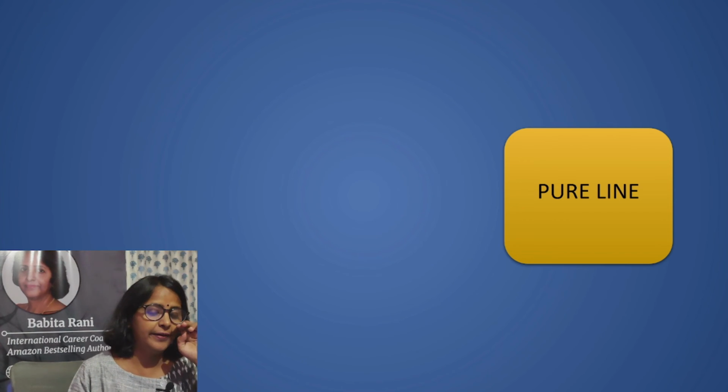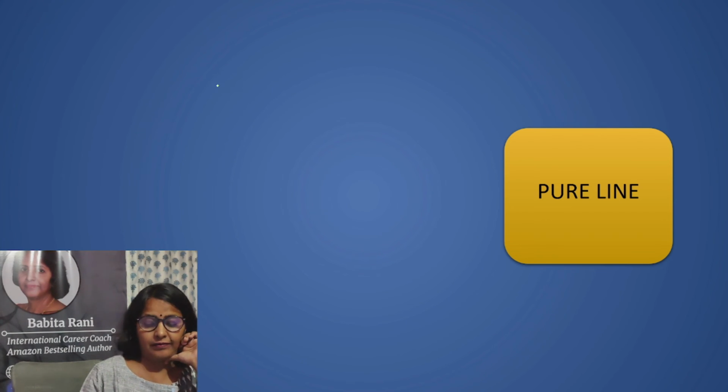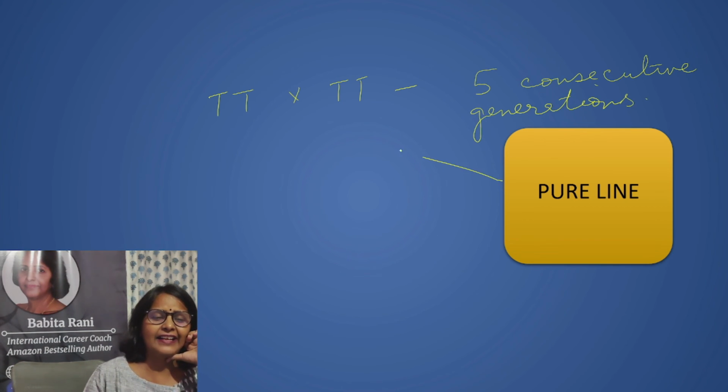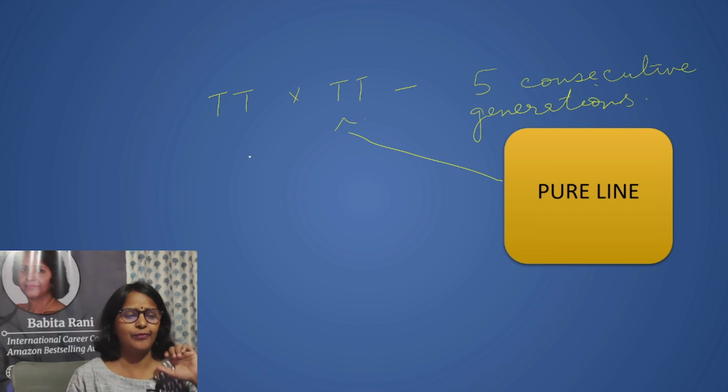What is pure line? When we do cross between 2 plants, and this cross is done for 5 consecutive generations, we obtain a plant which will always give us the same desired character, and if we get that kind of plant, we call it pure line.